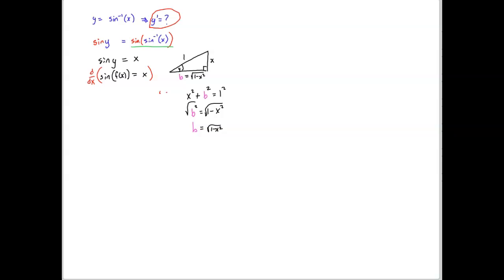To take the derivative of that left-hand side, I'm going to have to use the chain rule, right? So the derivative of the outside function is cosine, leave the inside, times the derivative of the inside function, so times f prime. The derivative of the right-hand side is just 1.